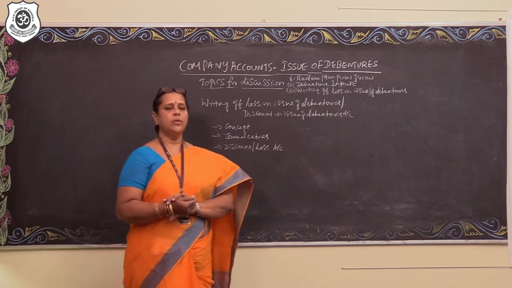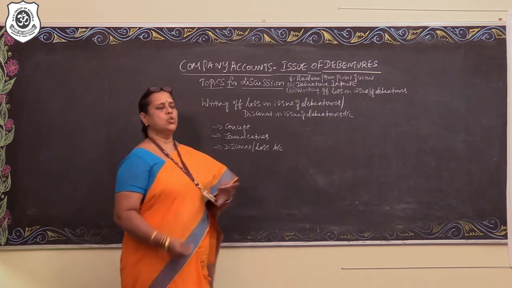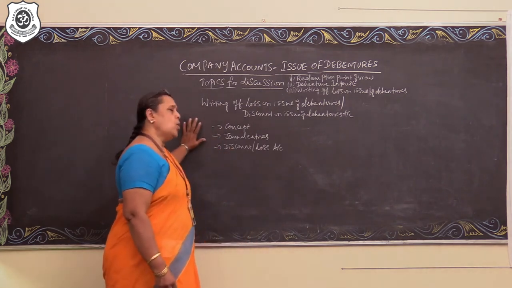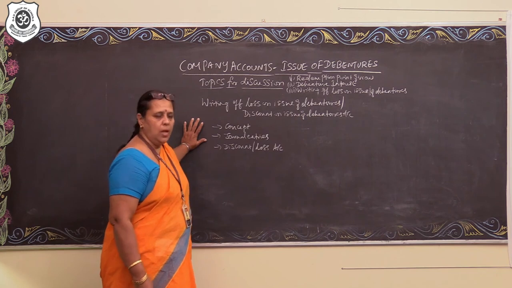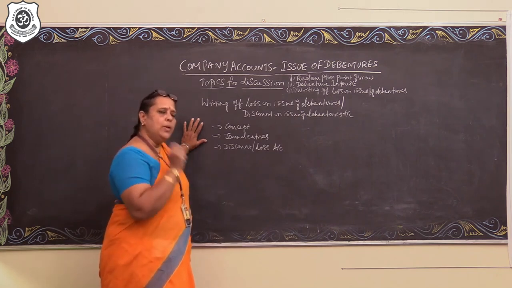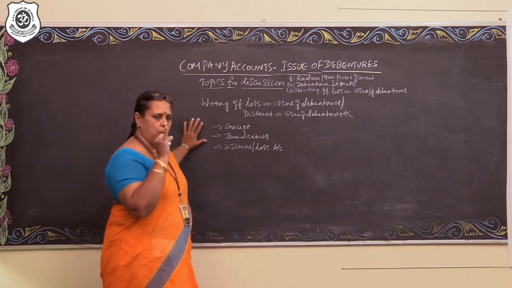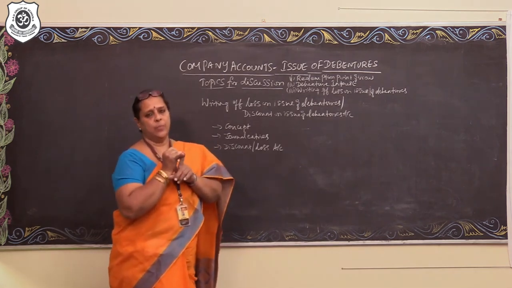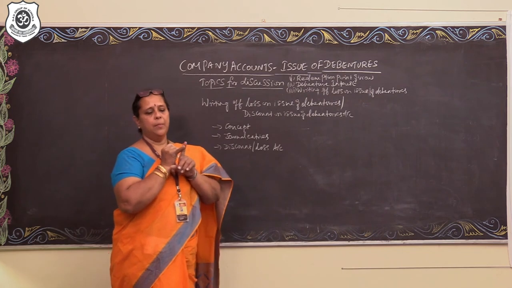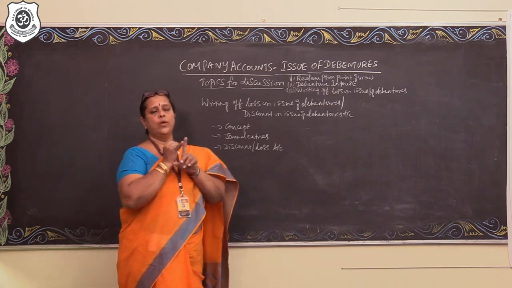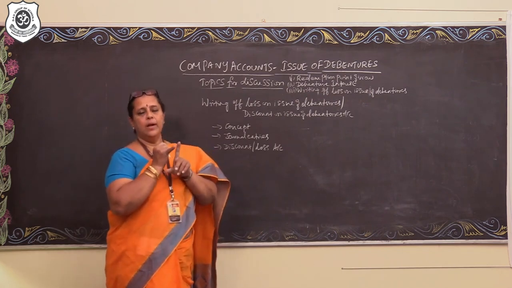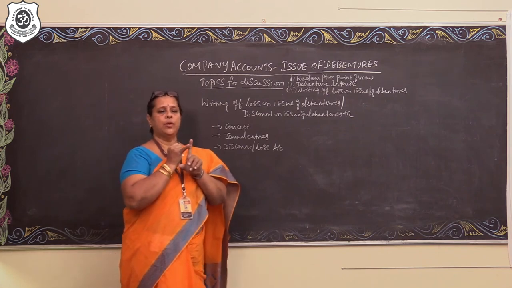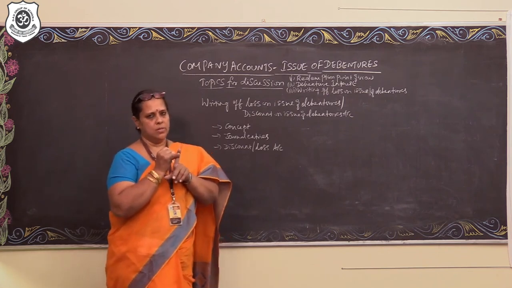So, the accounting treatment of loss on issue of debentures or discount on issue of debentures will be such loss will be written off against, number 1, the balance available in the securities premium reserve. Please remember, the provisions of securities premium say that the company will use it for writing off of capital losses.